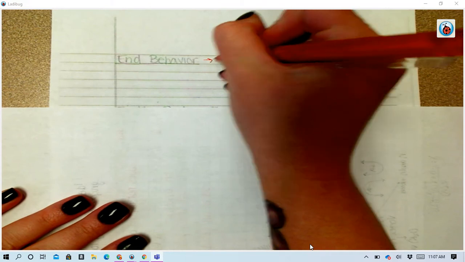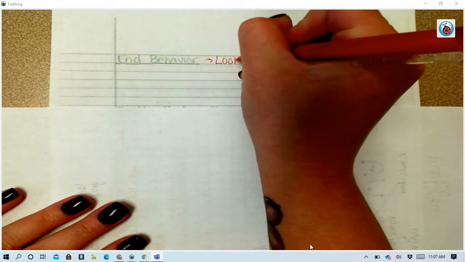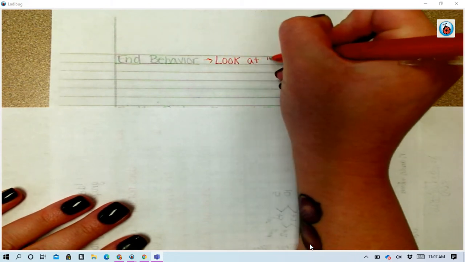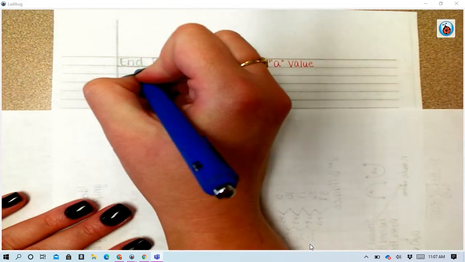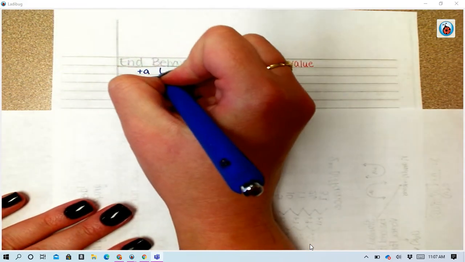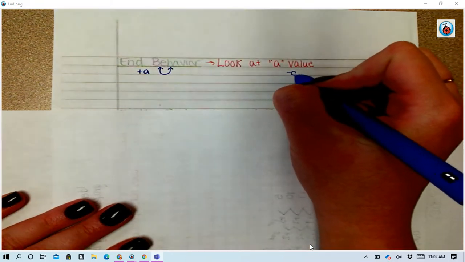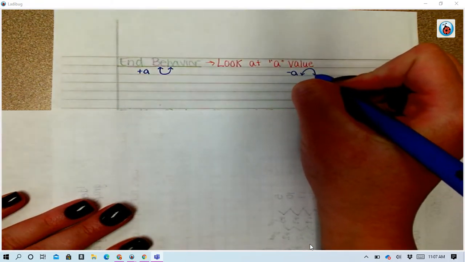So for end behavior in a quadratic, you need to look at the a value, so that first coefficient. And we know if it's a positive a value, it's shaped up like a cup. And I'm going to move over here. And if there's a negative a value, it's shaped down like a frown.